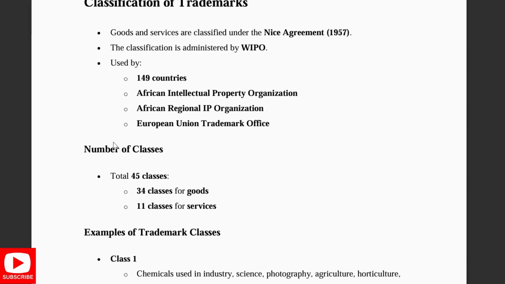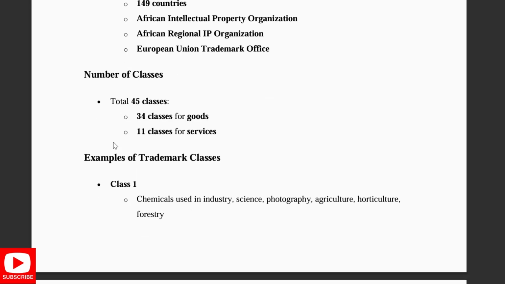Classification of trademark. This is an important question asked in the December-January 2024 exam. Goods and services are classified under the NICE Agreement 1957. Here, the classification is administered by the WIPO and used by 149 countries, the African Intellectual Property Organization, the African Regional IP Organization, and the European Union Trademark Office. The number of classes here is 45: 34 classes for goods and 11 classes for services.